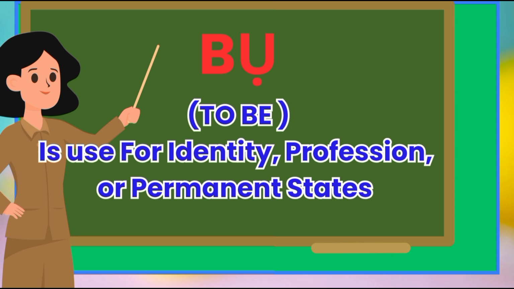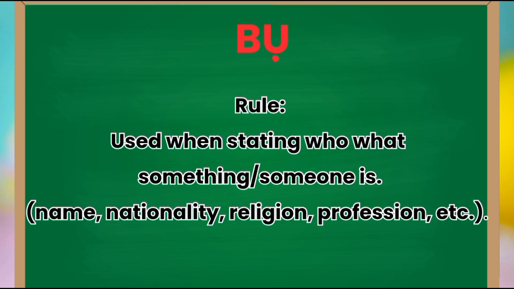When I was giving examples in the D, I said if you want to say your profession, you can't say Adim onye nkuzi. No, you say Abum onye nkuzi, which is I'm a teacher. Bo is also used to describe your relationship with someone. Let's say your brother, your sister, your mom.